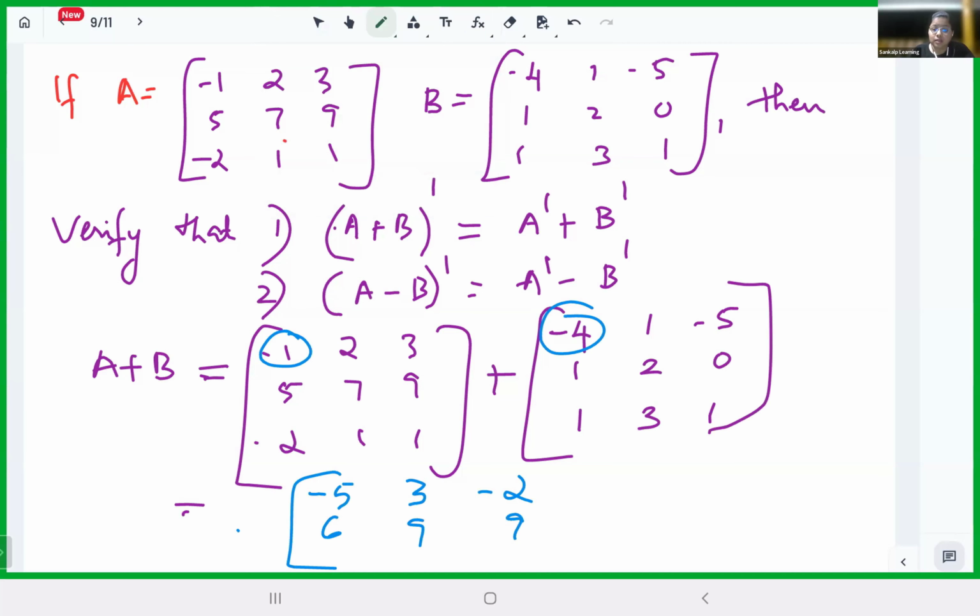Okay, now consider the third row. Third row, if you add 2 with 1, it is 3, then 1 plus 3 is 4, then 1 plus 1 is 2. So what is A plus B?